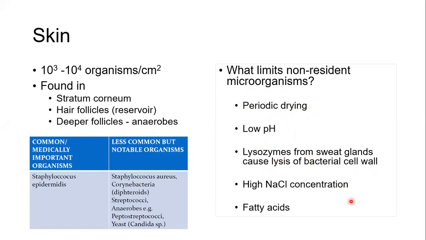Our skin also tends to have a high sodium chloride concentration, again not conducive for most bacteria that are not resident on the skin. And then there's production of fatty acids from the sebaceous secretions. So these factors are basically there to make sure that what is normally found on the skin is what stays there and discourage colonization by non-resident microorganisms.